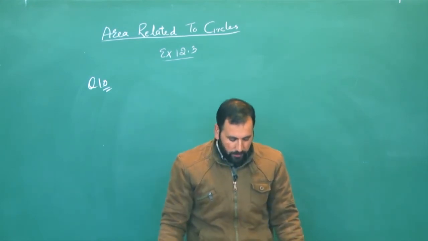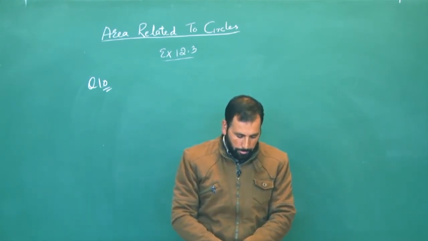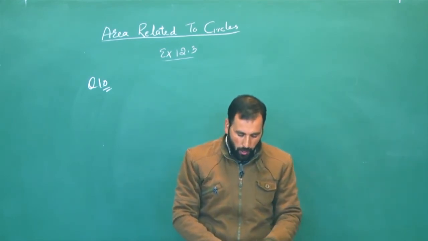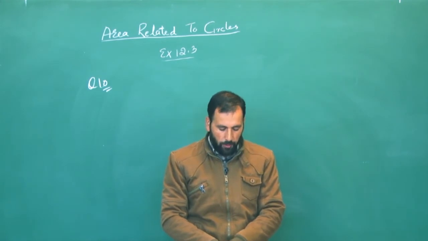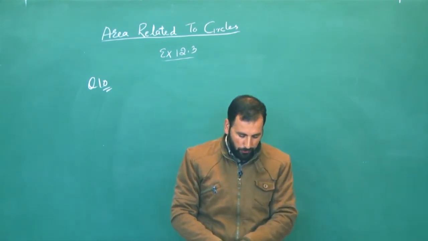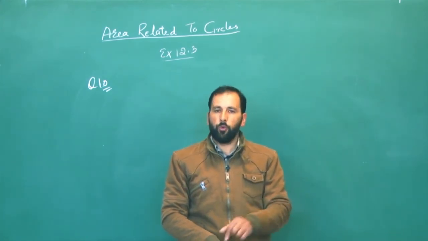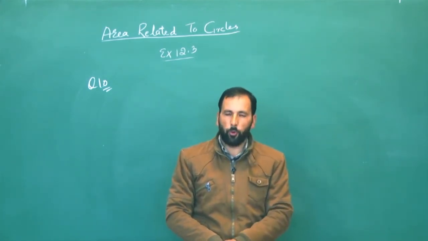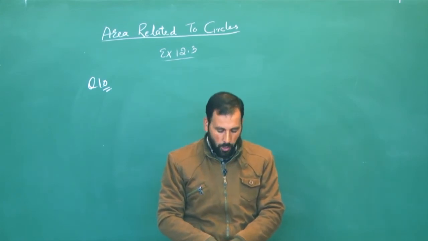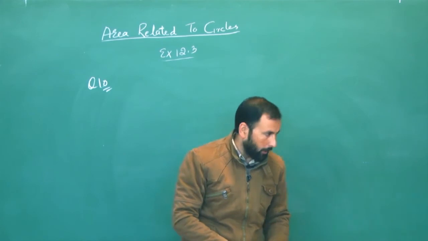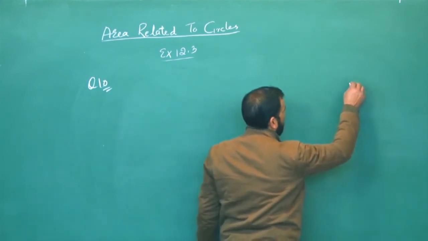With each vertex of the triangle as center, a circle is drawn with a radius equal to half of the length of the side of the equilateral triangle, as shown in the figure. Find the area of the shaded region. In this question we have used pi equals 3.14 and square root 3 equals 1.73205. So the figure is like this.